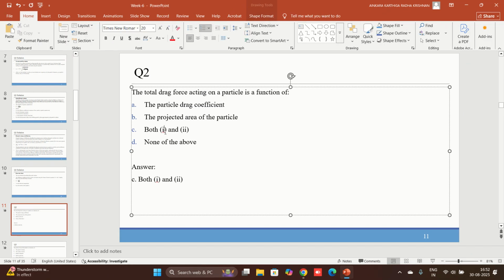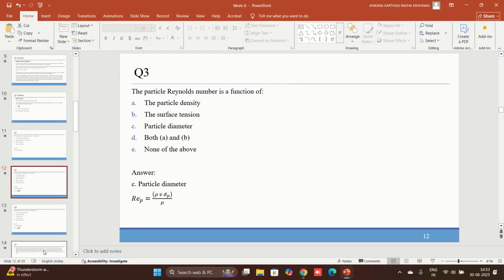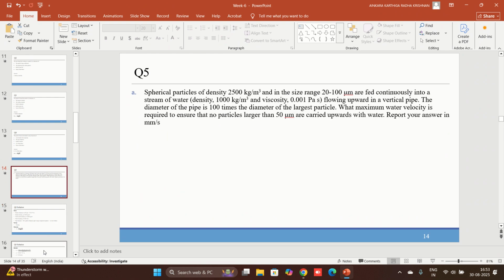It should be both A and B. Again, particle Reynolds number. So particle Reynolds number is rho v dp by mu. If we know that, we can answer 2-3 questions.